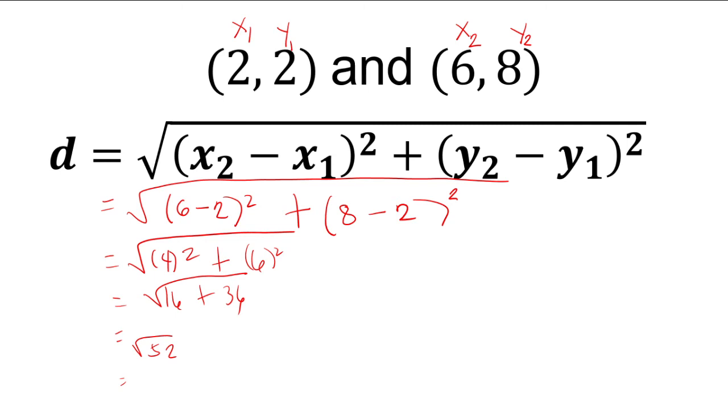So, ano yung factors ng 52? Na kung saan yung isa ay perfect square. We have 4 and 13. 4 and 13. And the square root of 4 is 2, so 2 square root of 13.